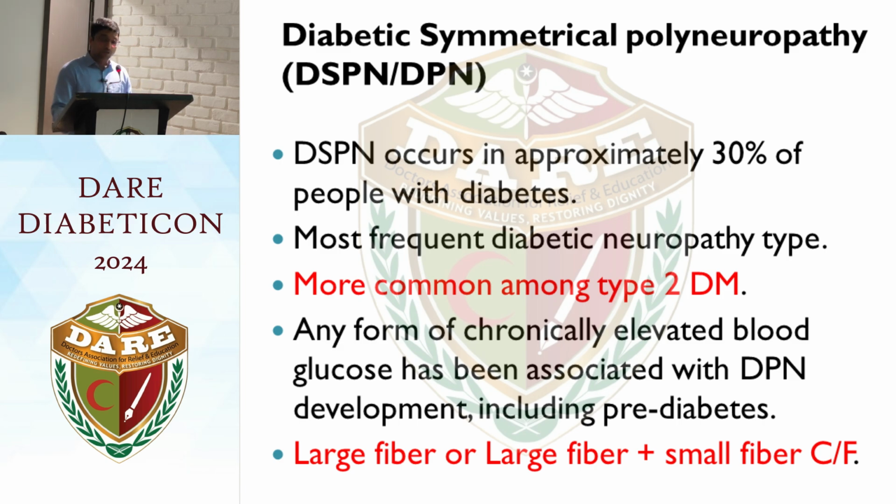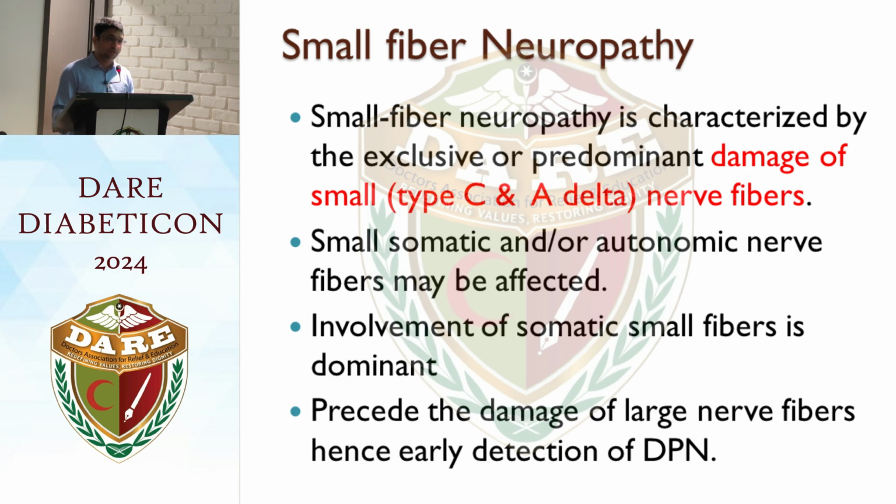It is also considered a precursor, or what I can say, it precedes the damage to large fibers in patients with diabetic polyneuropathy. Hence, we can say that if we diagnose small fiber neuropathy, it can at least allow early detection of diabetic polyneuropathy.